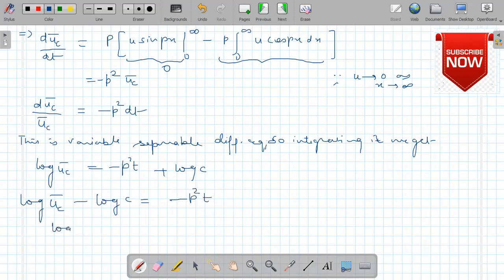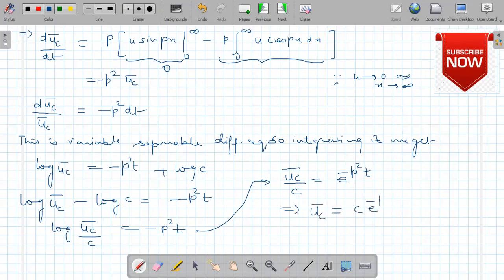So log of uc bar over c, this implies uc bar over c is equal to e to the power minus p squared t. This implies uc bar is equal to c e to the power minus p squared t. Now we write it in this form.